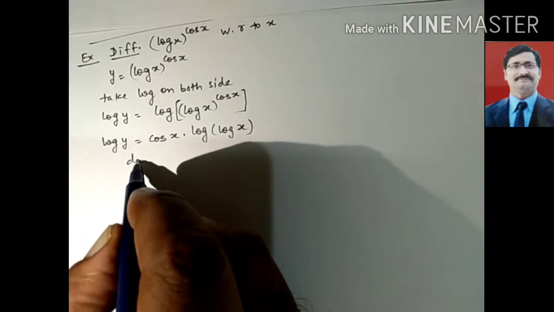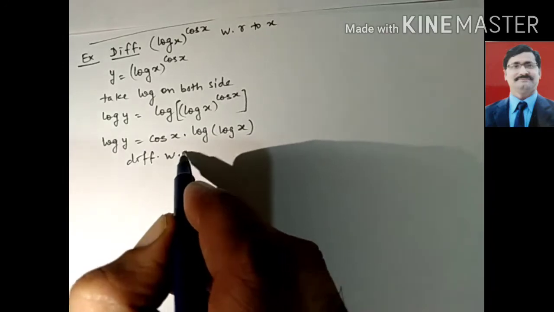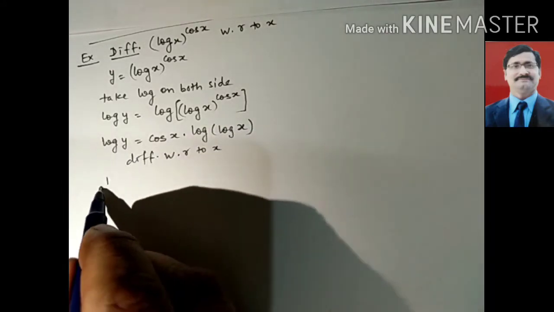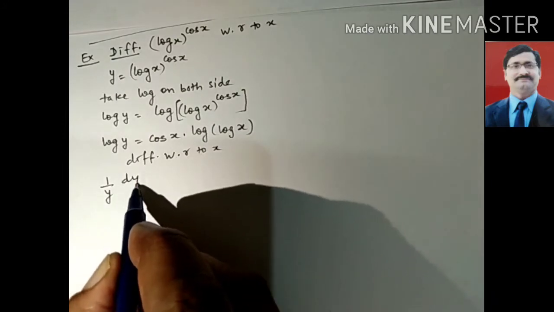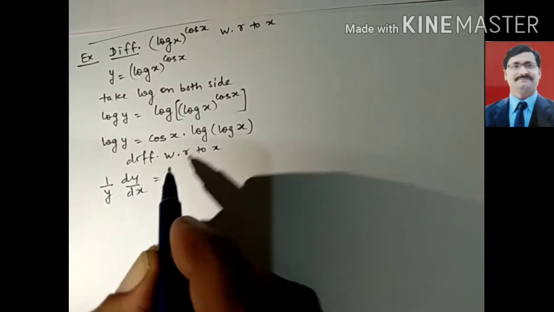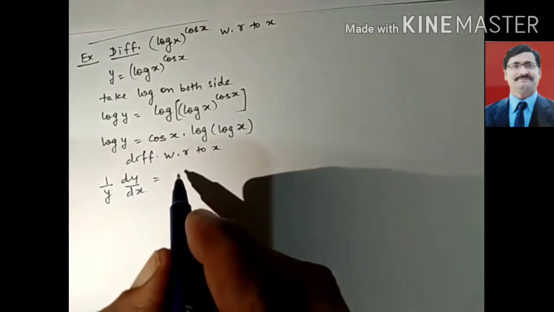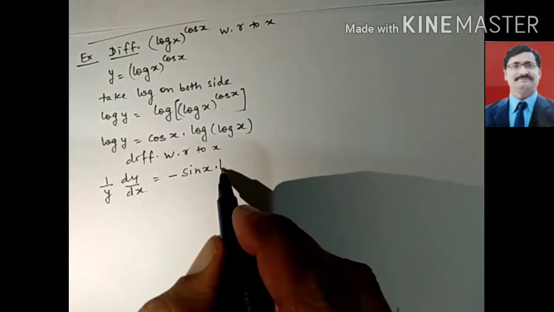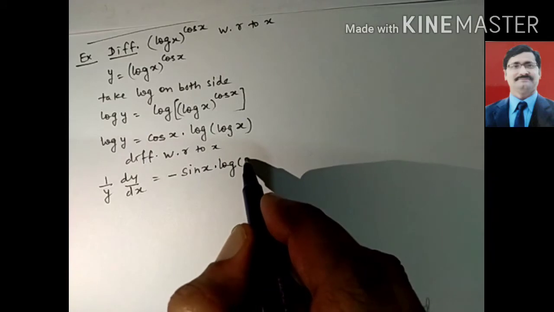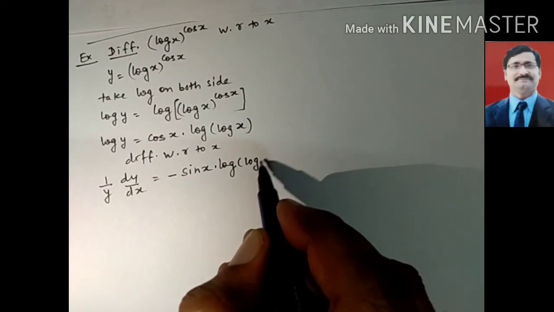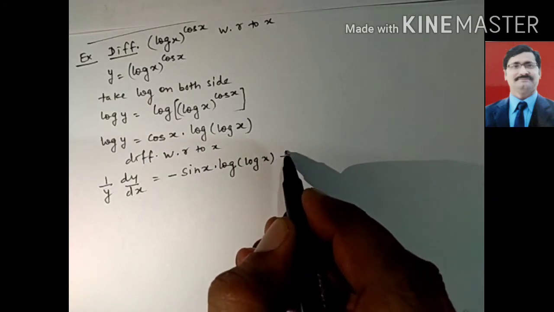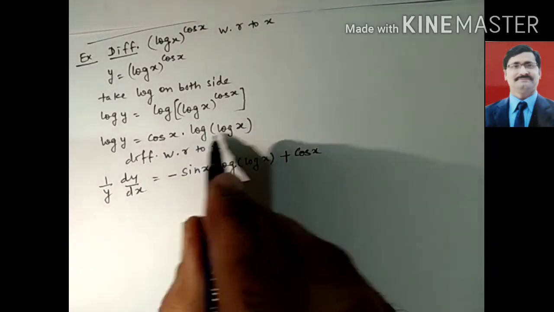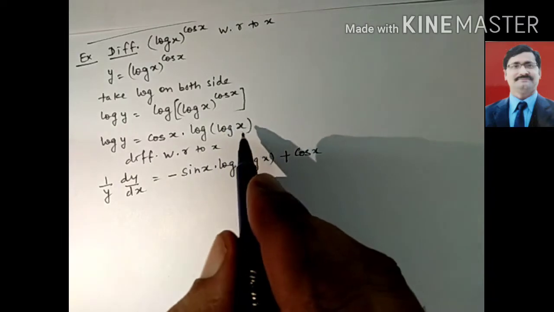Now differentiate with respect to x. Log y differential is 1 upon y dy by dx. Okay, cos x differential is minus sin x, and log x is as it is, so this second part is as it is, plus now cos x is as it is, times the differential of log of (log x).